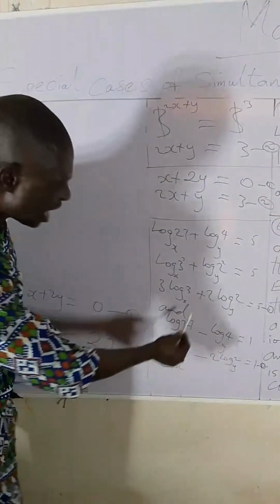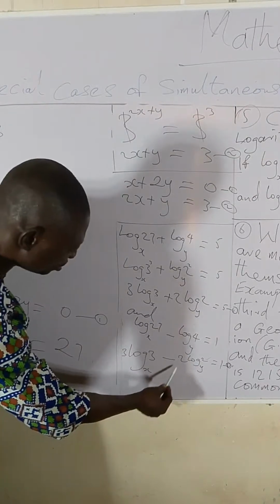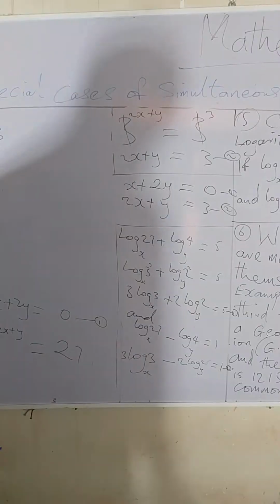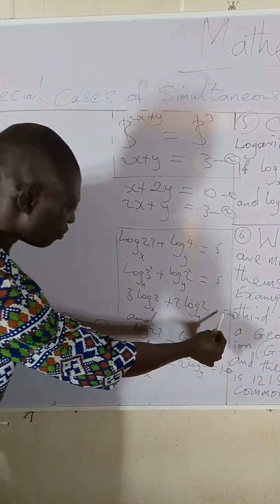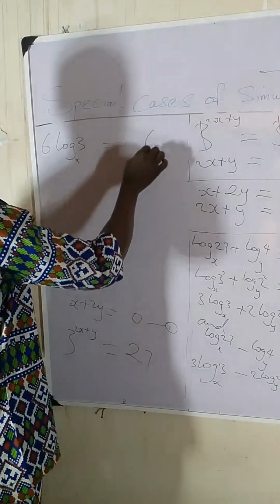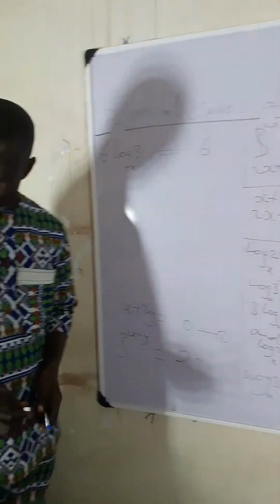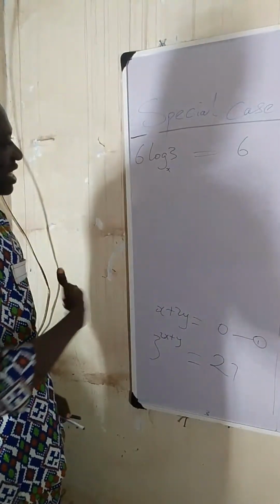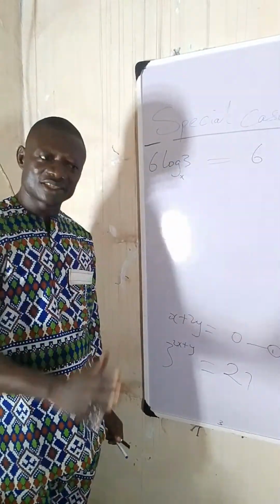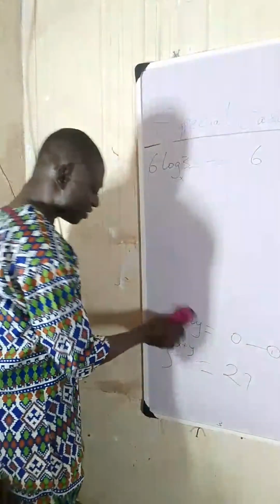Now, if we add 2 log 2 in base y to minus 2 log 2 in base y, they get eliminated. They get 0. And then we add 5 plus 1, which equals 6. So the whole of this will be equal to 6. Can you see that y has gone out of our way? y has left the system for us to be able to solve for x first. After solving x, we quickly go to pick y and solve.